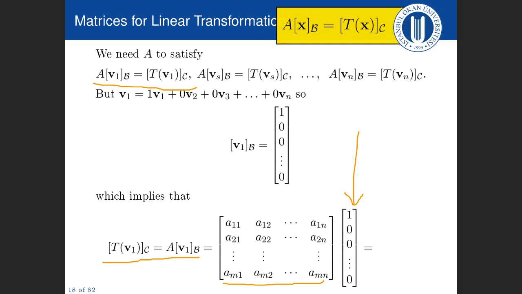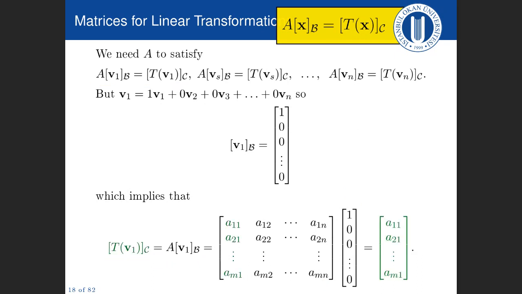But if we multiply this matrix by this vector, then we just get the first column of this matrix. So that means that the first column of this matrix must be the coordinates for T of v1 with respect to the basis C.